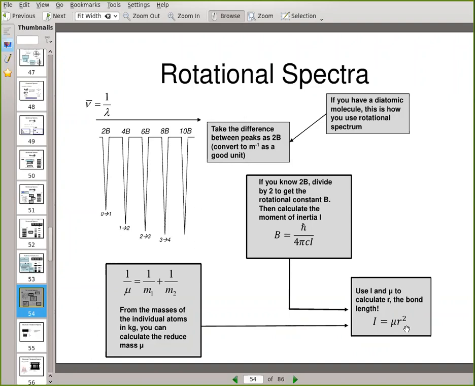And how did we get here? Well, from the energy levels from rotation, we have this constant B that's come out. And that rotational constant is dependent on the rotational moment of inertia. And if we know the moment of inertia, we can get the bond length.